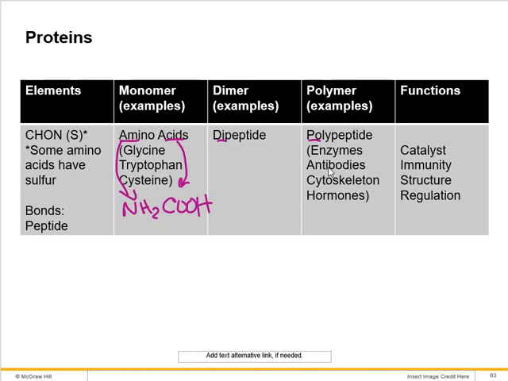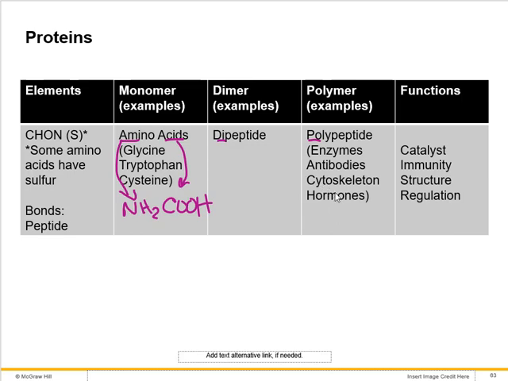enzymes are, and this is not an exhaustive list, but an enzyme is a really important type of protein. It's a catalyst. It speeds up chemical reactions. Antibodies are important in immunity. The cytoskeleton is one of the polymers. It's going to give structure to the cell, and cytoskeleton is made of various different kinds of proteins like tubulin or myosin or actin.